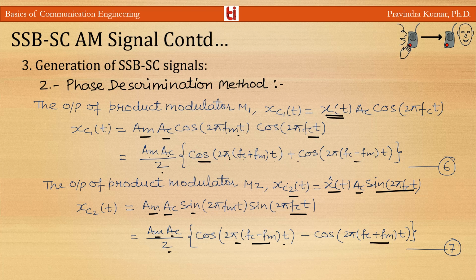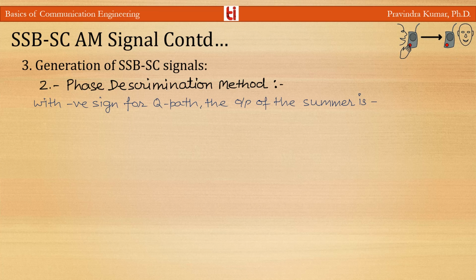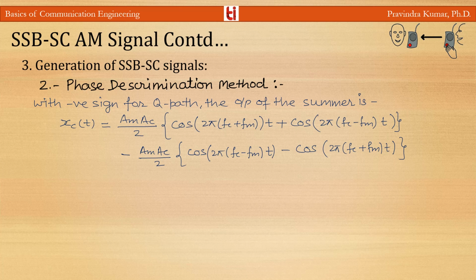By choosing the polarity of the in-phase and quadrature paths of opposite sign, we will get the SSB-SC signal having the upper sideband, as you have seen in the figure. So if I take the negative sign for the quadrature path, the output from the summer will be Am Ac by 2 into [cos 2 pi (fc plus fm) t plus cos 2 pi (fc minus fm) t] minus Am Ac by 2 [cos 2 pi (fc minus fm) t minus cos 2 pi (fc plus fm) t].